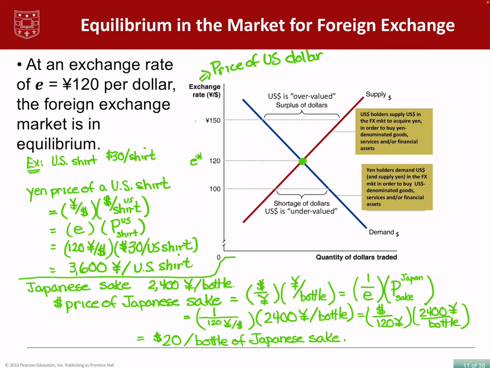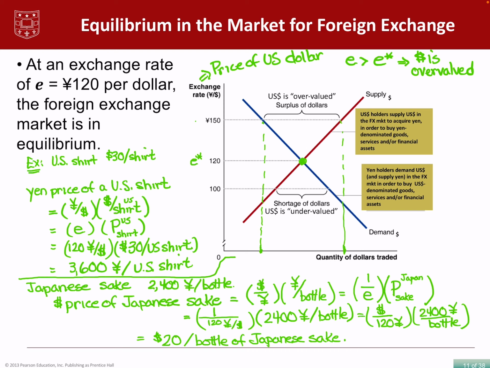When the exchange rate is bigger than the equilibrium one, so E bigger than E star, that is telling me that the dollar is overvalued. And we say that's too high of an exchange rate because just like in our market for dog food, the quantity supplied right there is going to be bigger than the quantity demanded of dollars at that exchange rate.